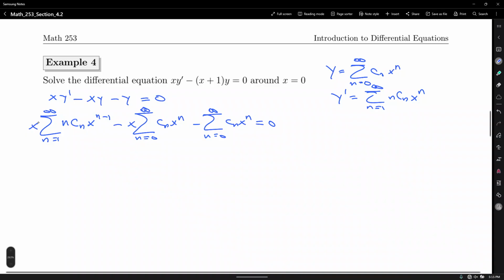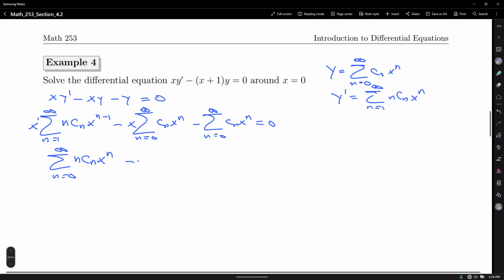Do you guys agree that these x's right here have an invisible power of 1? And when we multiply the x's together, we add the exponents. So what is 1 plus n minus 1? Isn't that sigma n equals 0 to infinity of n c sub n x to the n, because 1 plus n minus 1 is just n?